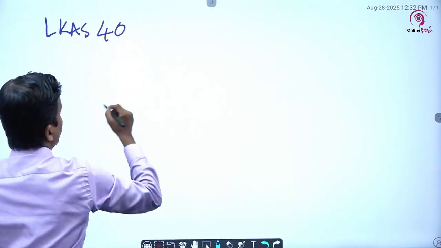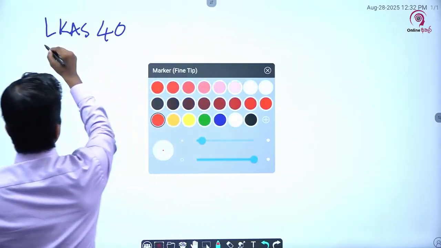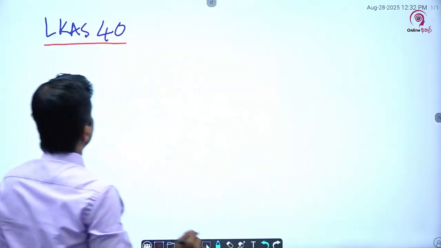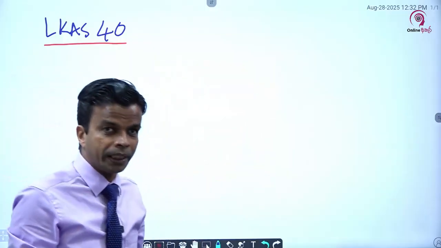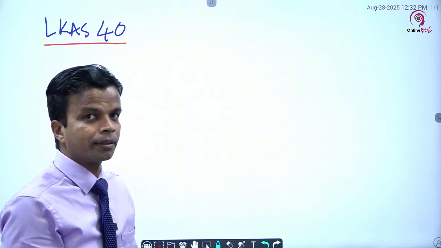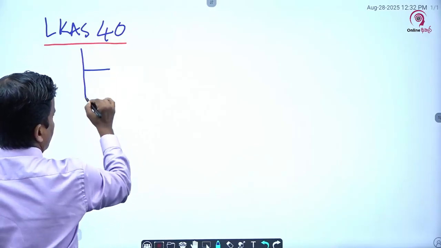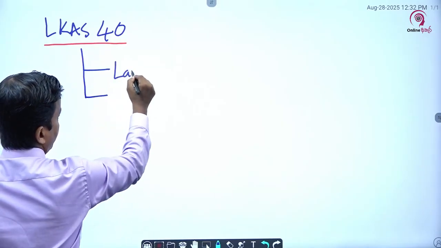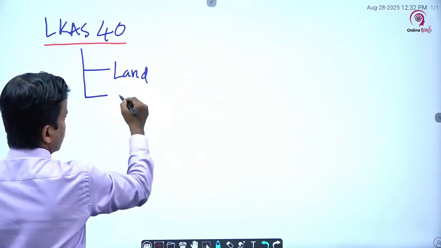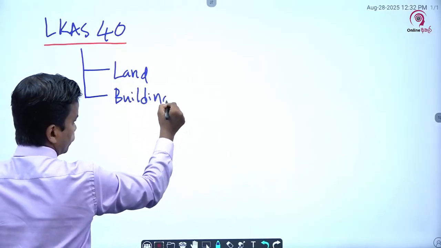LKS 40 is for investment properties. So investment properties are basically properties. Because it says investment properties, it mainly refers to, or in most cases maybe 100% it is, all about land and building, right?